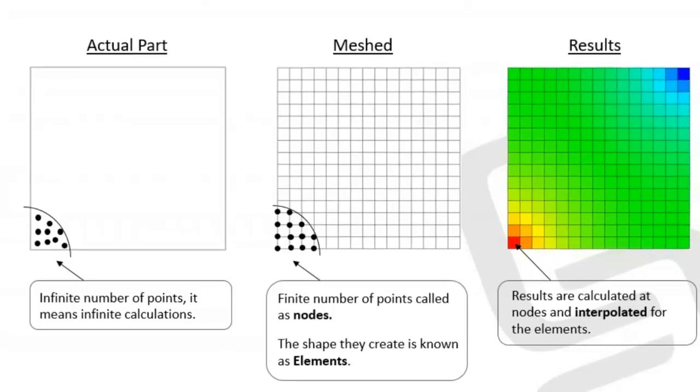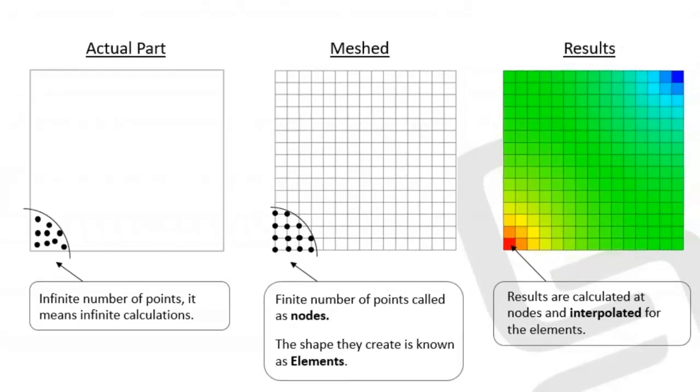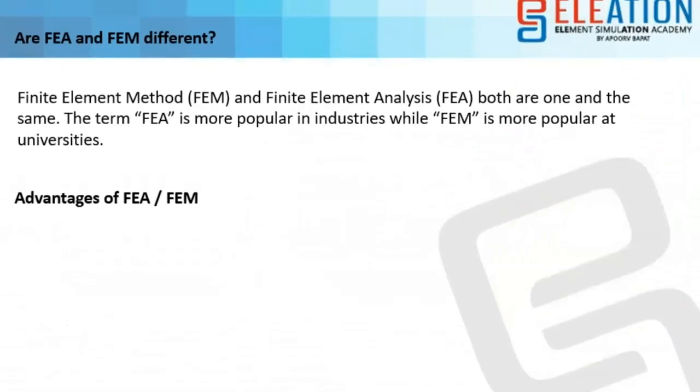My software or any CAE software calculates the values of stresses, strain, deformation on those calculation points which are called nodes, and then with the help of interpolation functions shows the result on the entire domain, or shows the result on the complete element. So this is the way FEM or FEA works.